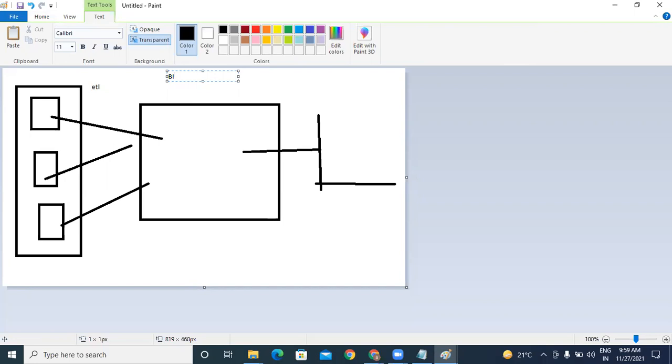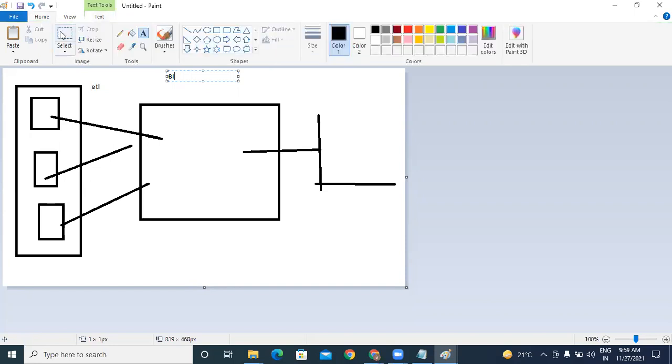Now you can observe there are three teams here. In this BI, there are three teams. Number one, ETL developers. Number two, warehouse managing team, warehouse modeling team, such kind of team. And the third team is the visualization team. Now your ADF comes under this ETL part.